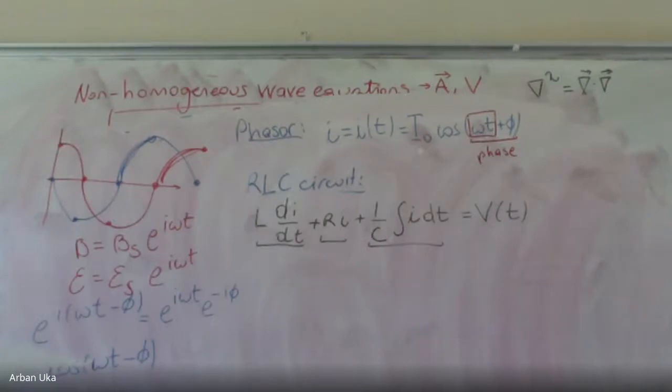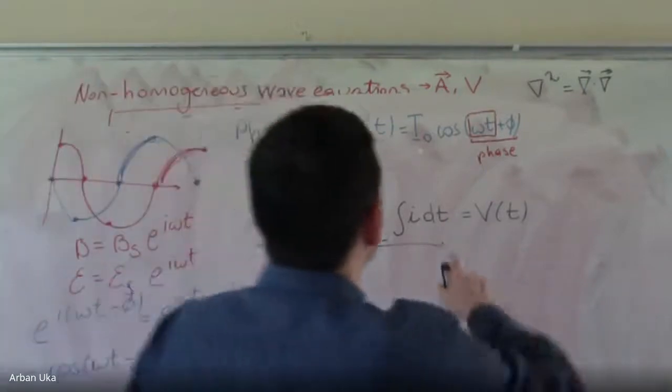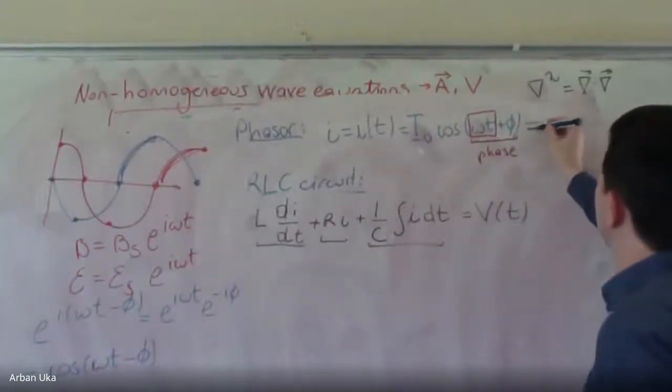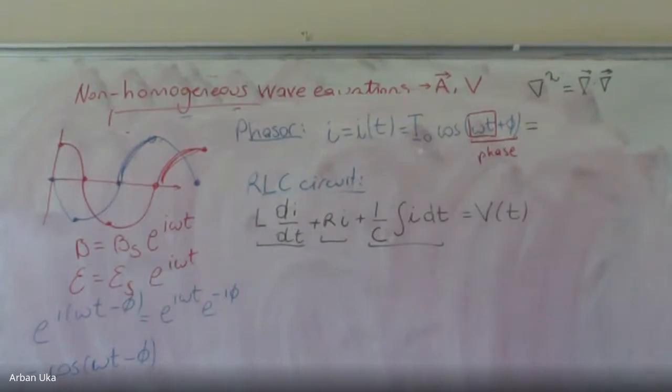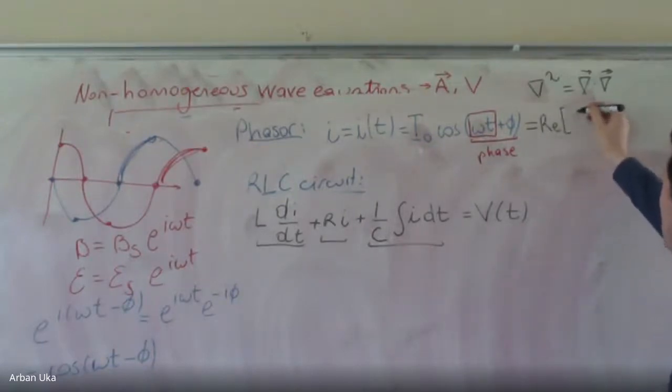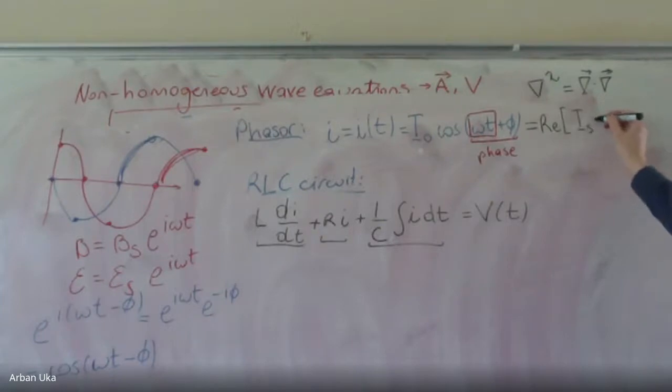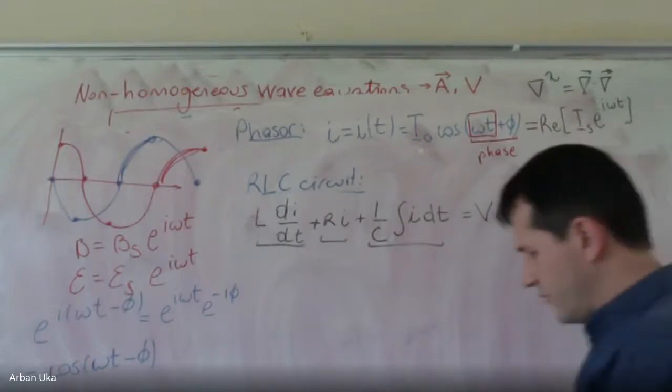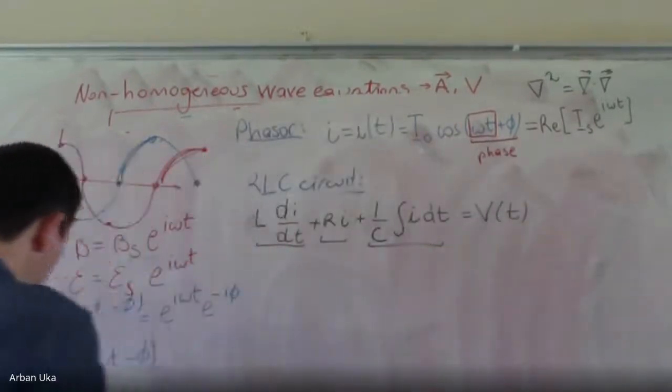And now, we want to write this current as a function of time as the real part of the phasor Is times e to the power i omega t, okay? So that's what we're going to write for the time.